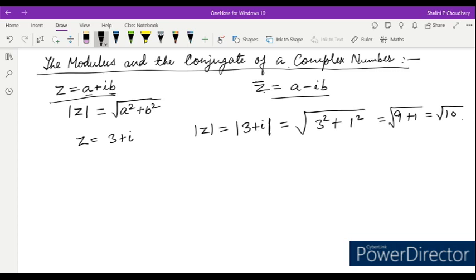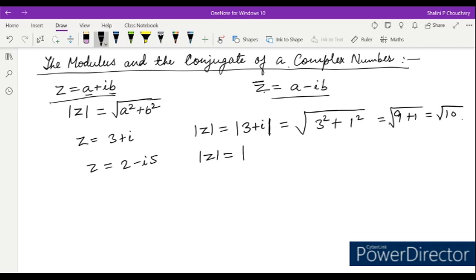Now we'll take one more example. If z is equal to 2 plus 5i, or else we can take 2 minus 5i. What will be the modulus of z?